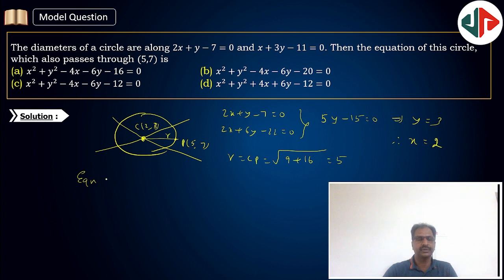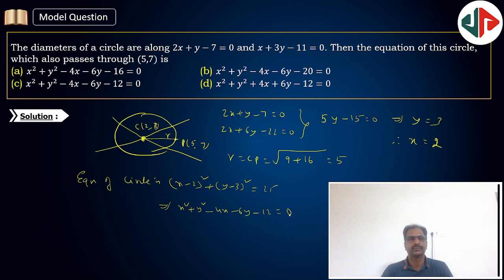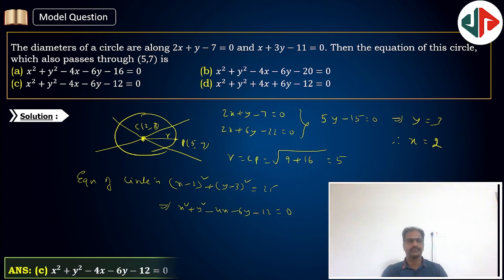So equation of circle is x minus 2 whole square plus y minus 3 whole square is equal to r square. After expanding, you get x square plus y square minus 4x minus 6y minus 12 is equal to 0. Option C.